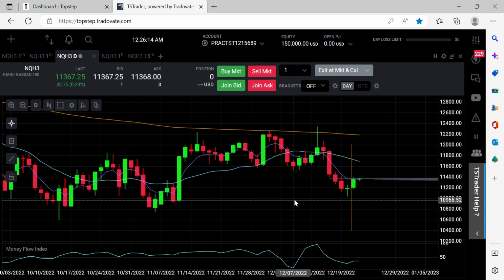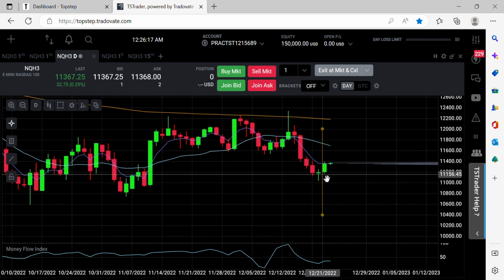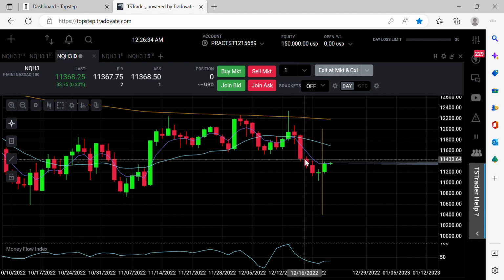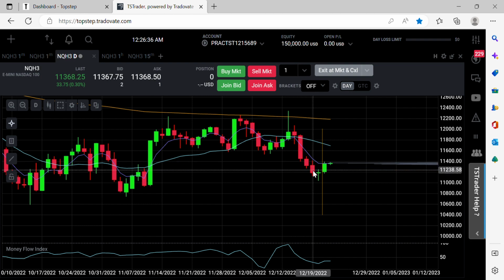So let's go back a couple days, shall we? So the 21st is there. Let's go back to here, because this is interesting. So if we go back to the 15th, we have a downtrend, right?